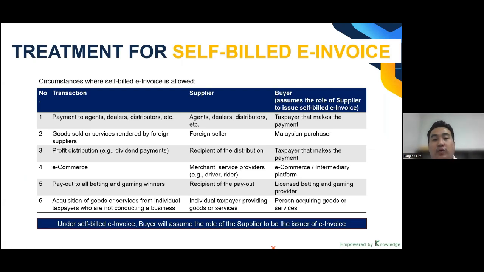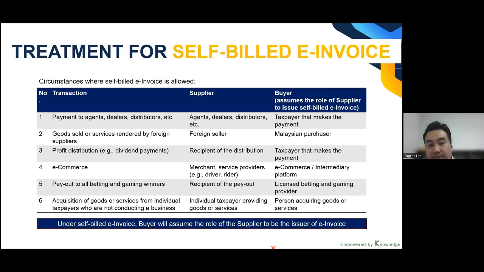When you, as an agent or distributor, are doing business, then you need to issue an e-invoice to SHOM, to Hari Raya. Then they are not required to prepare a self-bill e-invoice in this manner.